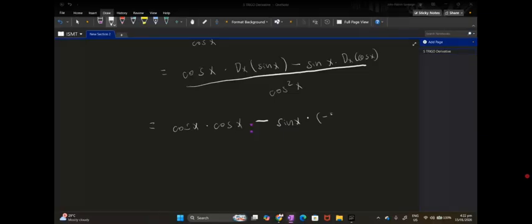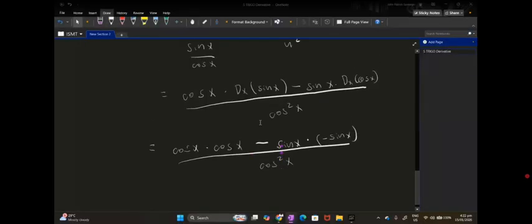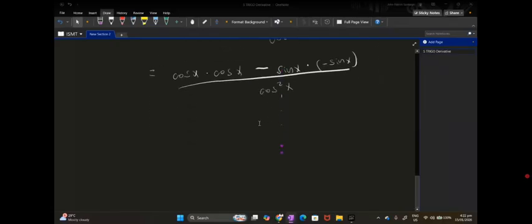All over cosine squared x. So, square lang natin yung baba para makuha yung cosine squared x. Again guys, reminder lang na ang cosine 2x at cosine squared x is not the same. Yung 2x natin, dalawa yung angle natin here. At ito, cosine squared x, sinasabi, multiply natin yung cosine of x 2 times.